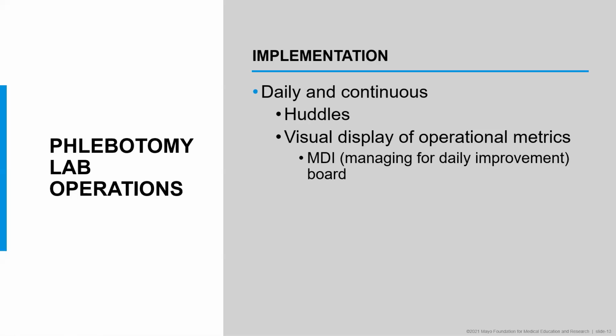As part of getting ready for the daily work, you can look at your MDI board and see whatever you are tracking, how things are working within the lab. It's supposed to be a quick visual communication to see where things stand in the lab. We'll talk more about the MDI system in the next slides.